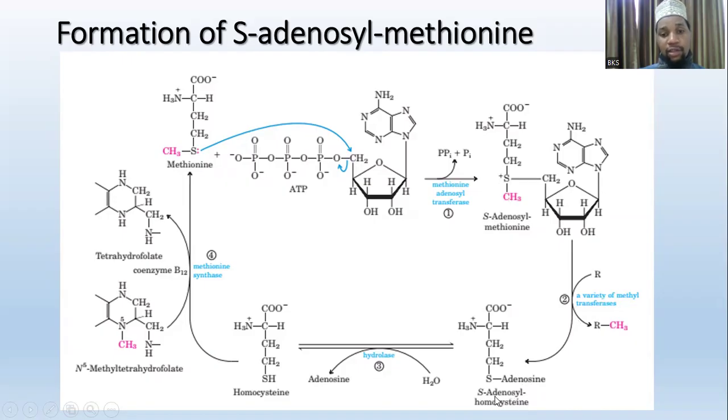Now, S-adenosyl homocysteine can undergo hydrolysis by a hydrolase enzyme to produce adenosine and homocysteine. Now, the homocysteine needs to be converted to methionine for another S-adenosyl methionine to be formed, and the reaction continues like this.